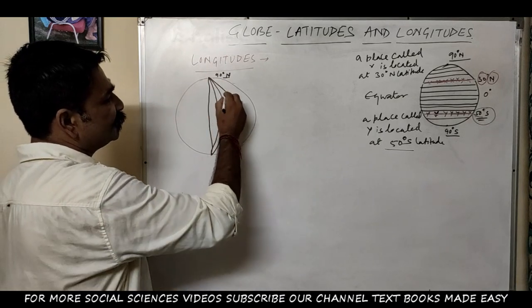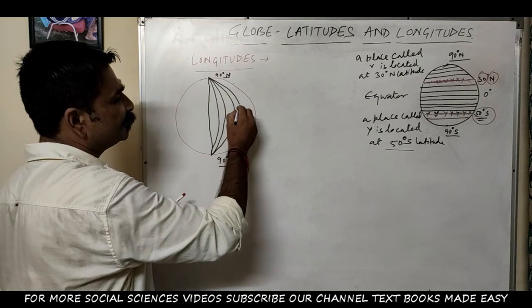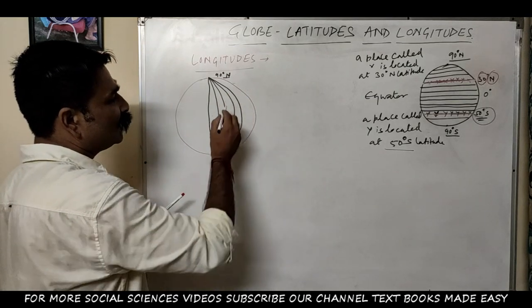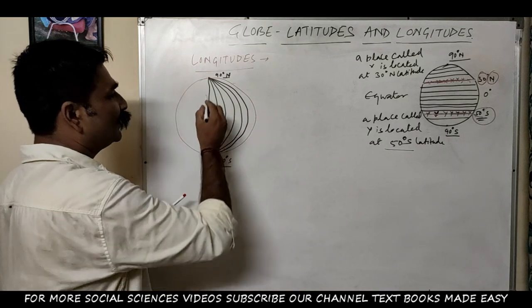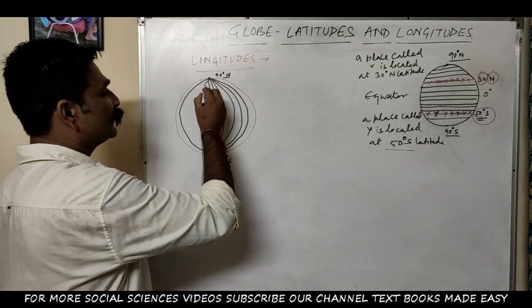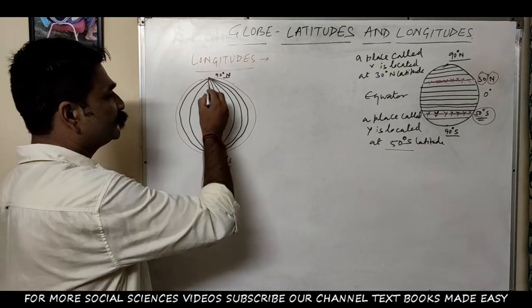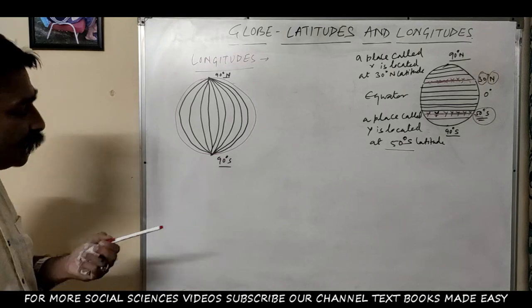These lines connect the northern and southern pole, or north and south pole. And these lines are known as longitudes.